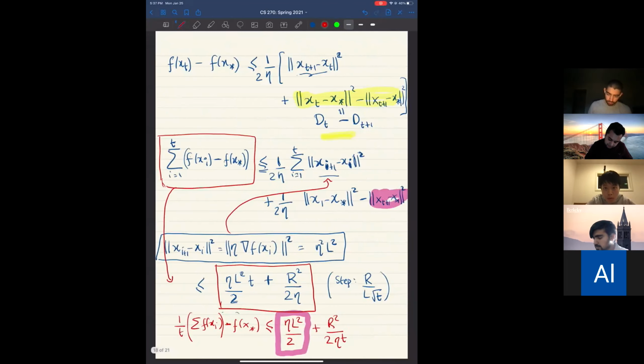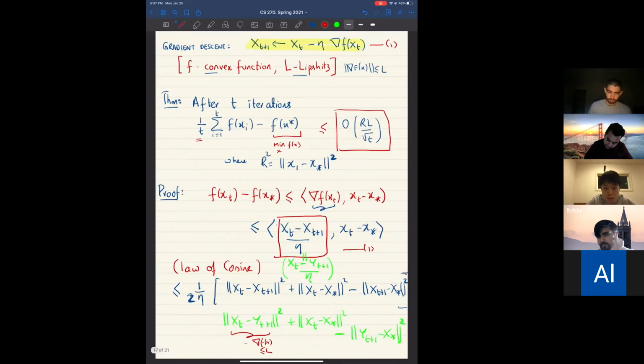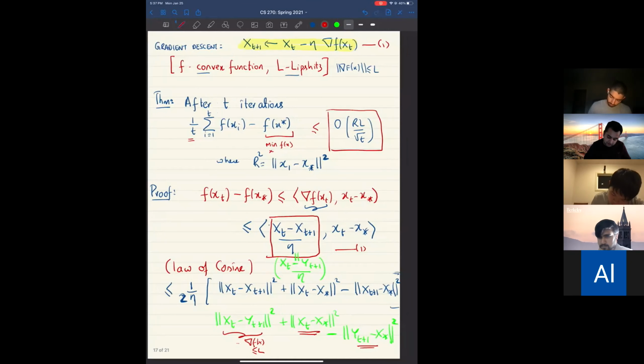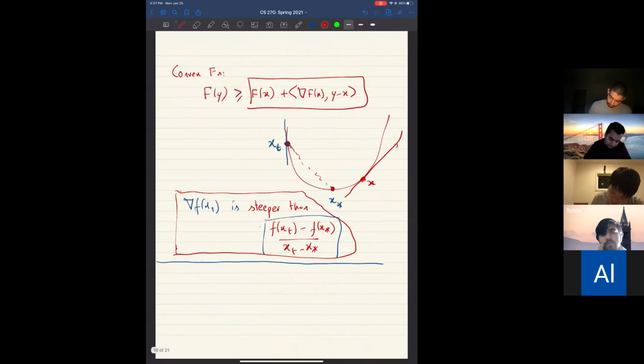The second term has xt minus x star, but the third term, instead of xt plus 1 minus x star, is yt plus 1 minus x star. So you're not getting telescoping, but you're just one step away from telescoping. What do you use? You use the following fact about projections.